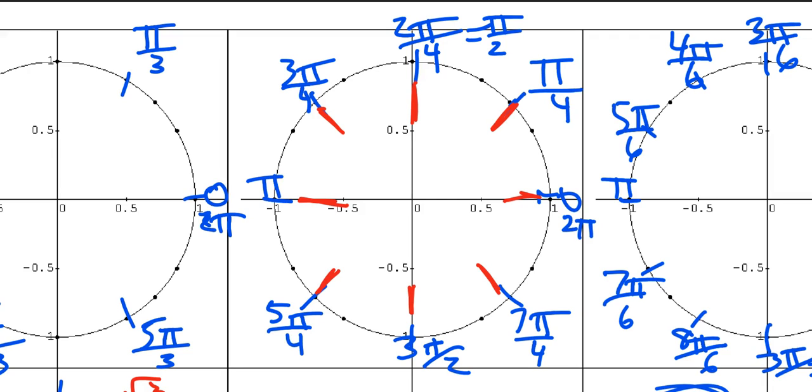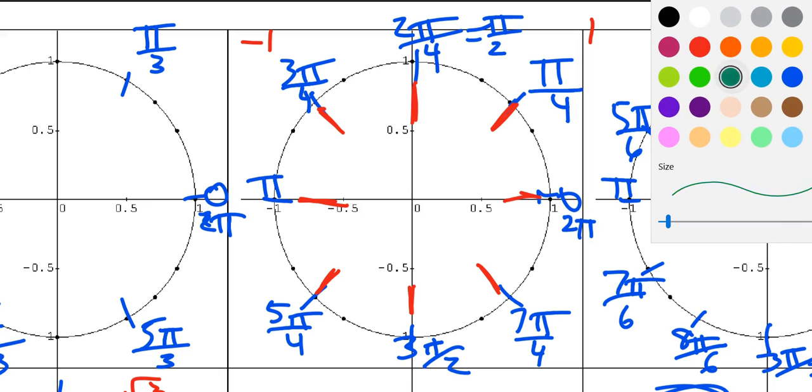Gotcha. So the slope of the one in the middle is -1, just like the slope of pi over 4 is +1. Now, do you understand why the slope is negative? Yeah.